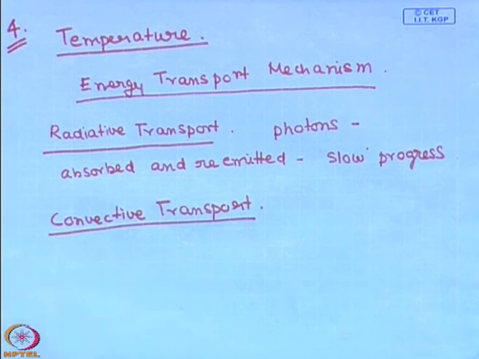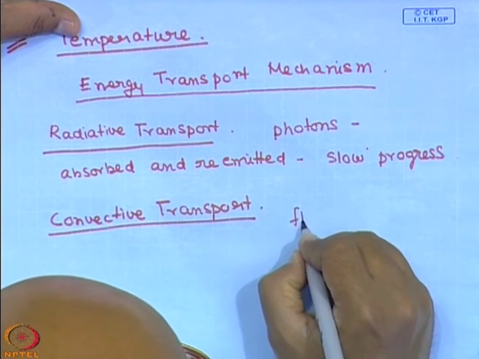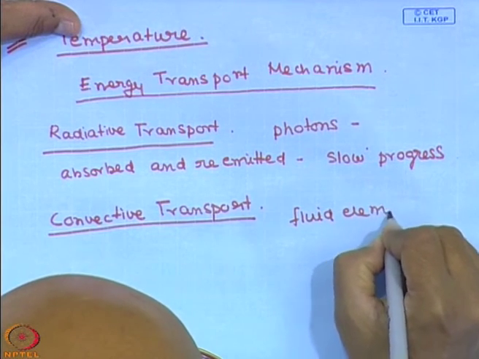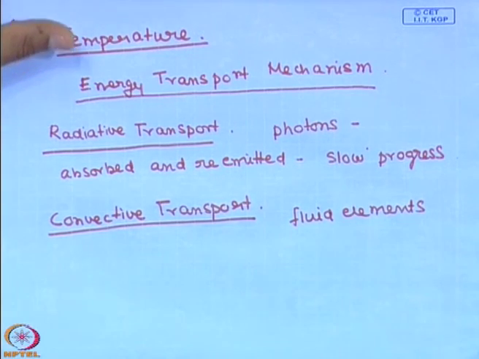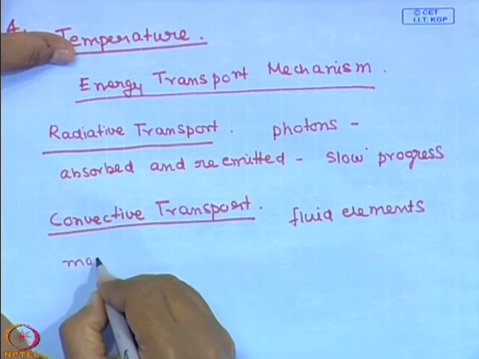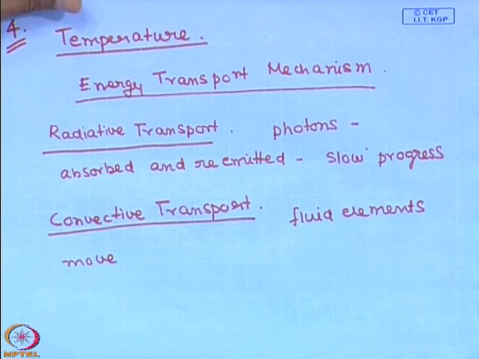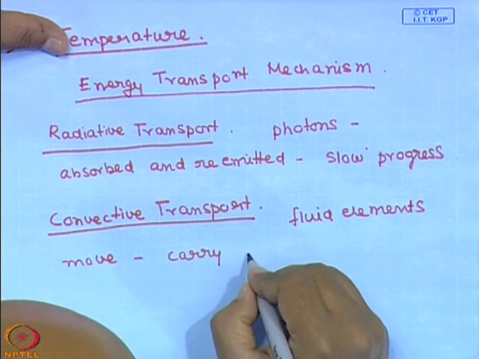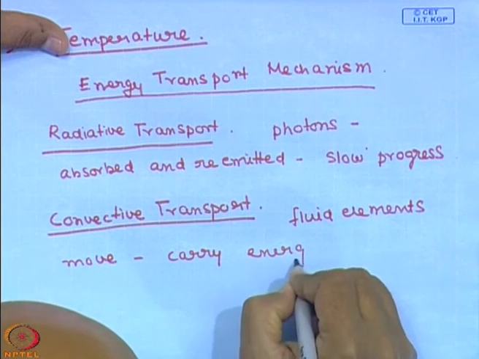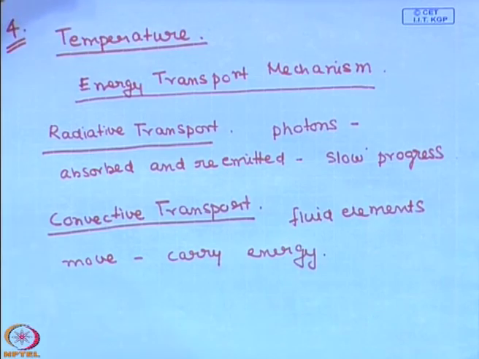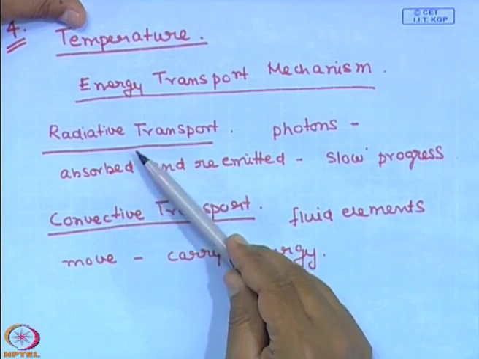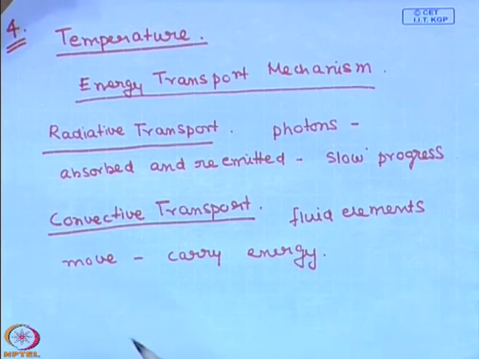In convective transport, fluid elements move, and these fluid elements carry the energy. And so, the energy transport and the temperature gradients in the sun are determined by which of these two processes is active. It depends on that.